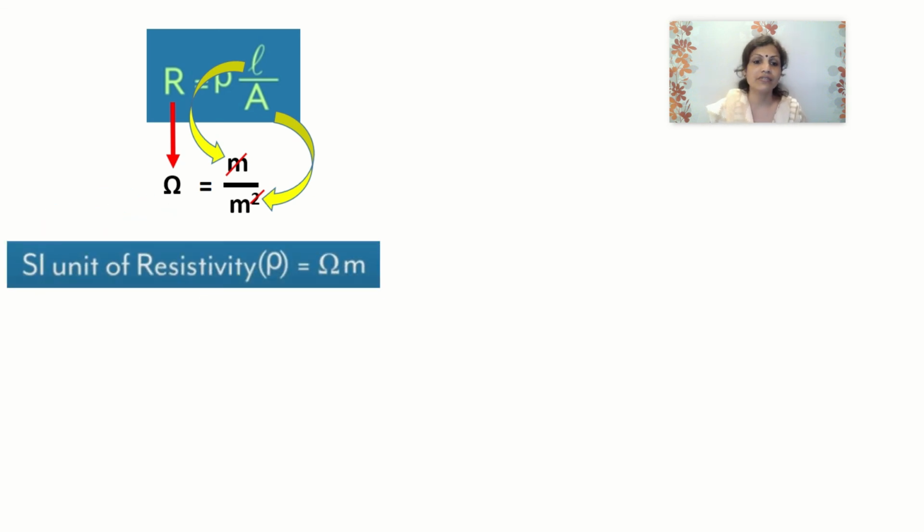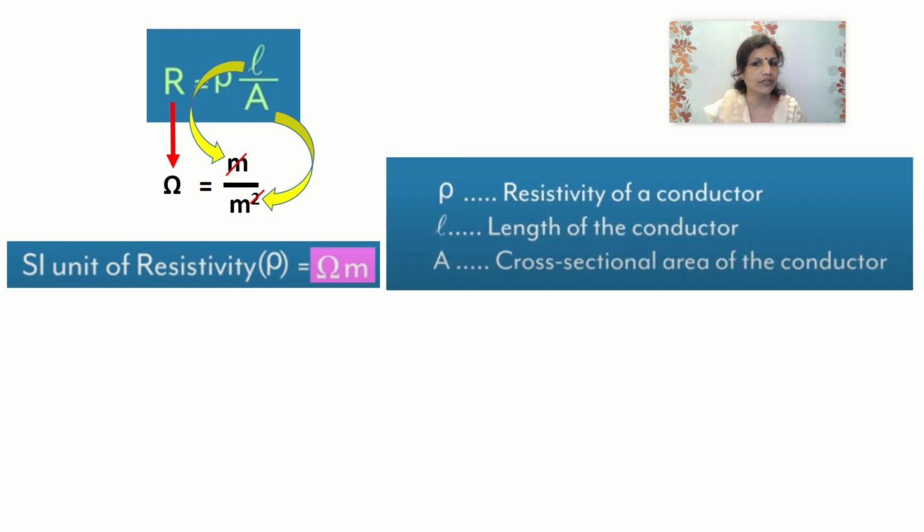Now if you cancel one meter from the bottom and cross multiply, the SI unit of resistivity is ohm meter. So ohm meter is the SI unit of resistivity of the material of the conductor. In the formula, rho stands for resistivity of the conductor, L is the length of the conductor, and A is the area of cross section of the conductor.